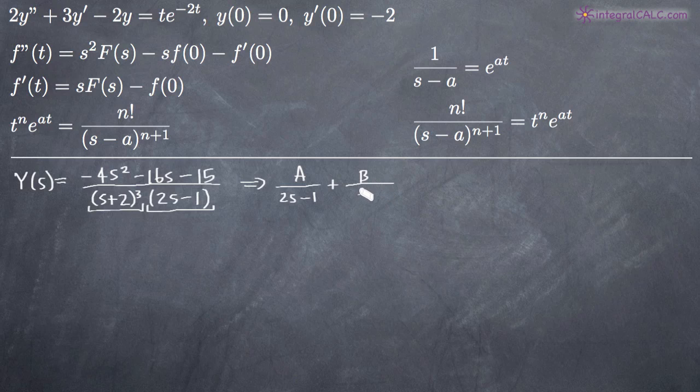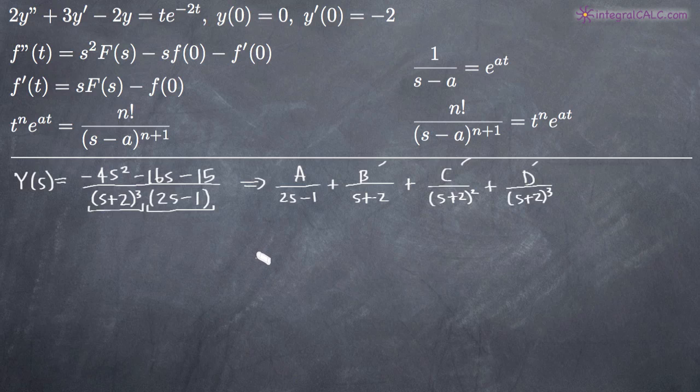So B over s plus 2 plus C over the quantity s plus 2 squared plus D over the quantity s plus 2 cubed. And remember that all three of these factors here for B, C, and D are included because we have this repeated linear factor of the quantity s plus 2 cubed, and because it's cubed we have to include s plus 2 squared and s plus 2 to the first power in our partial fractions decomposition.